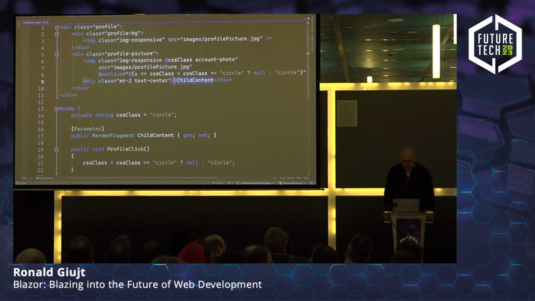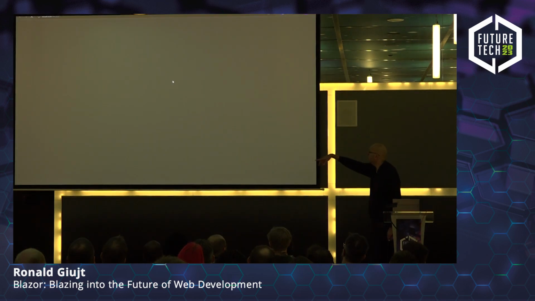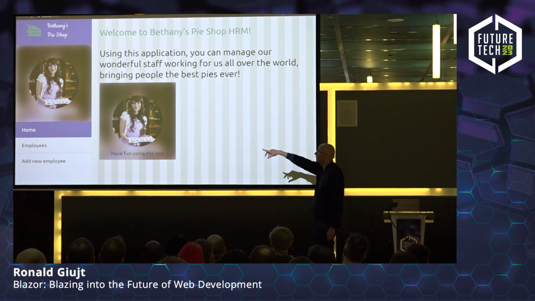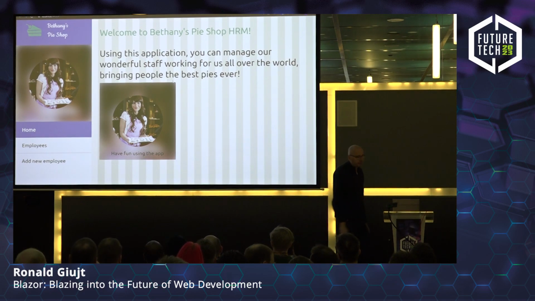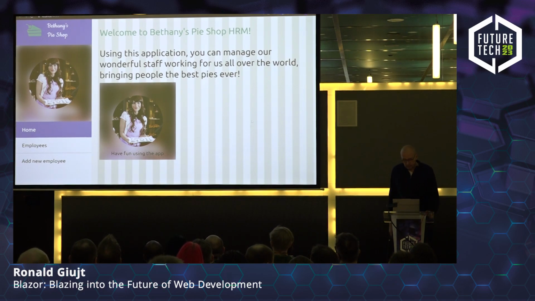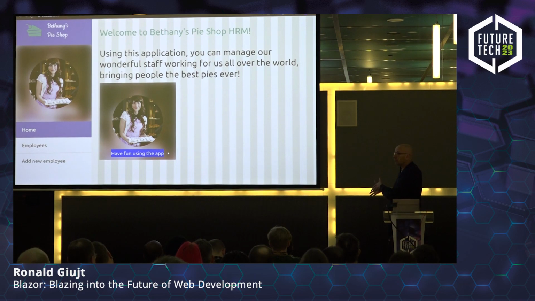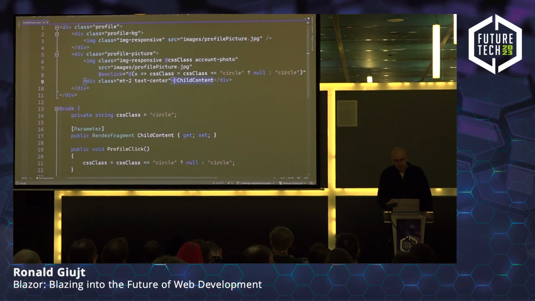And if you paid attention real close, do I have it still open? No. But the left one didn't have a caption, and the right one has this nice caption, right? So we want to set this caption by the component that uses this component, right? That component has to be able to give this the value, just like we had a parameter just now.